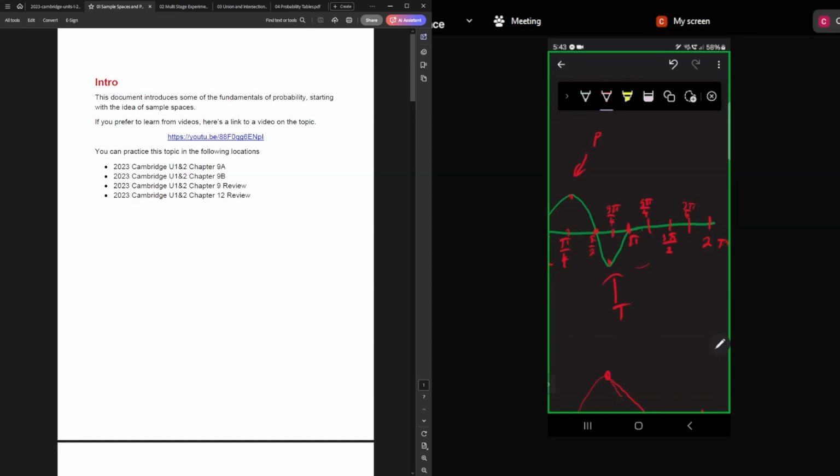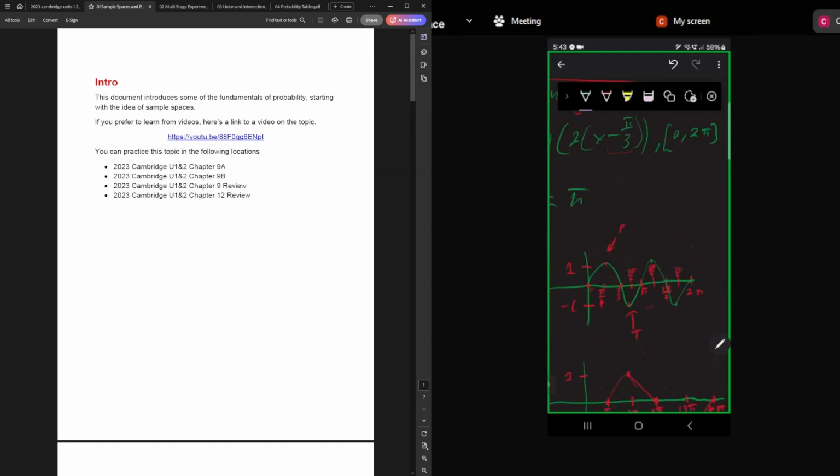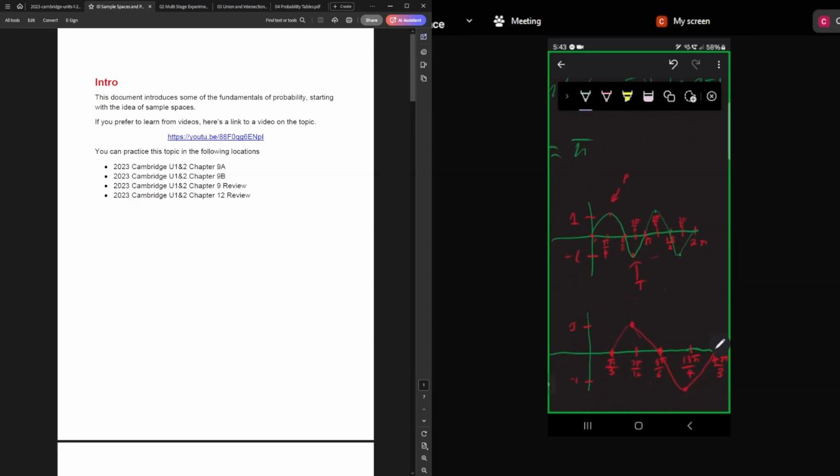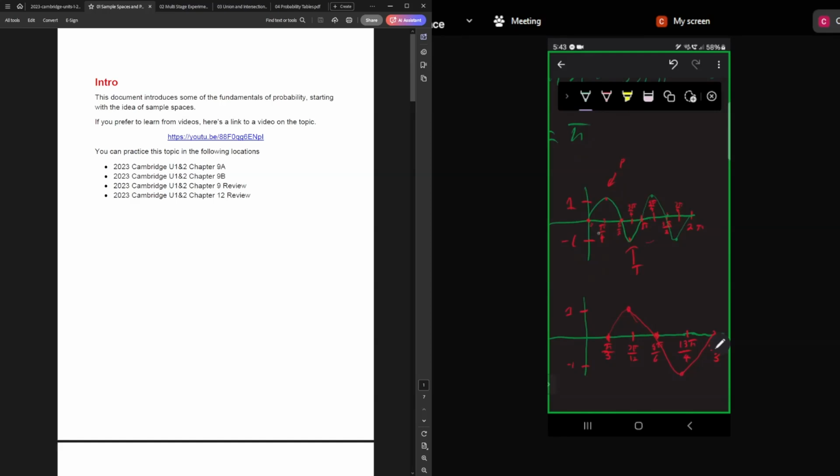Okay. So we're just going to continue our graph. So this should be a peak, this should be a middle, this should be a trough, and then this should be a middle. So once you have that between 0 and 2 pi, which is the whole domain there, you're just going to take this graph and then shift it right by pi over 3, which means taking all of these coordinates that we just found and adding pi over 3 to them all.